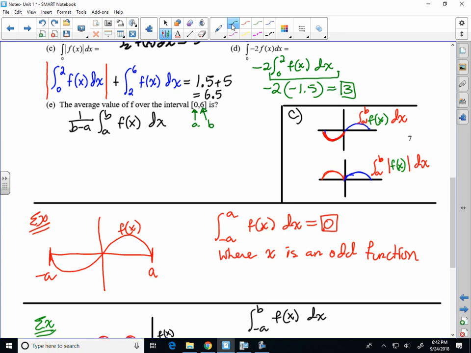So I want the average value over 0 to 6, which is 1 over 6 minus 0, integral from 0 to 6 of f of x dx. 0 to 6 was 3.5. So that ends up being what, 7/12? 7/2 times 1/6.